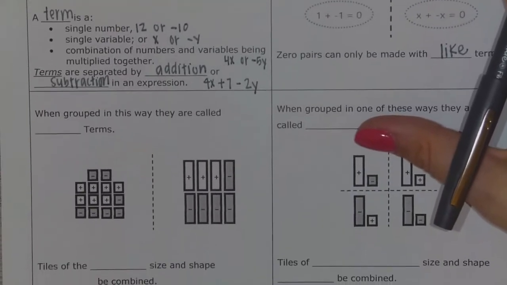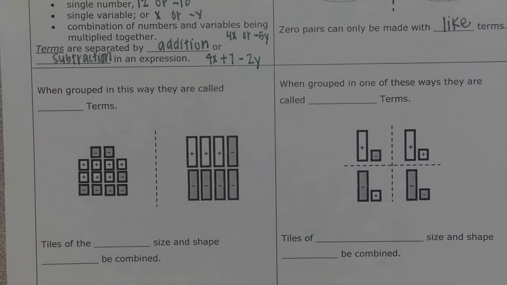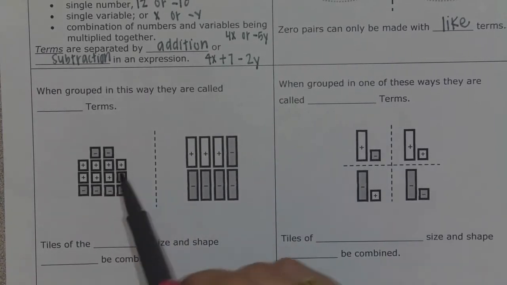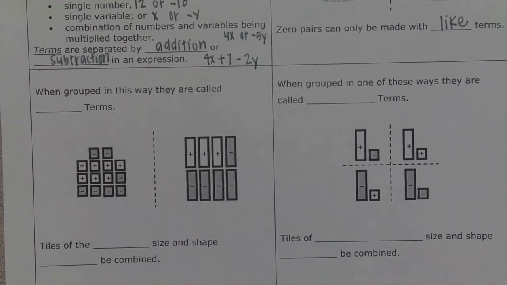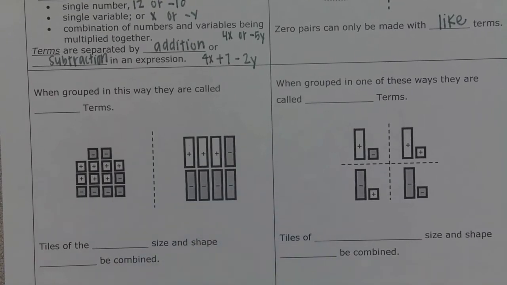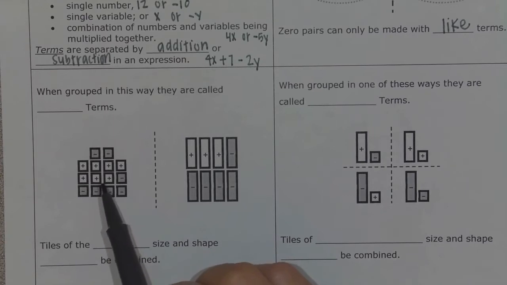Now, we talk about terms a lot because we're going to work on combining those like terms, getting all of our X tiles together, all of our unit tiles together. So when we look at these two pictures right here, the picture on the left, I see nothing but small tiles, which we call unit tiles. And I see that I have some negatives and some positives in here, but they're all unit tiles.